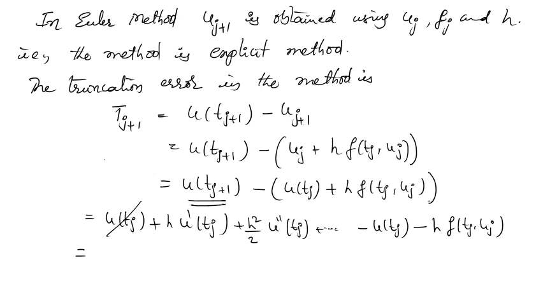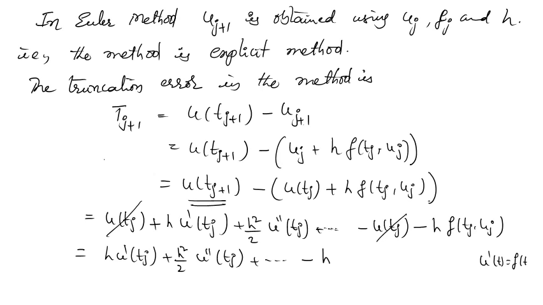So these two terms get cancelled. Next, h into u dash tj plus h square by factorial 2 into u double dash tj, and so on, minus h into f of tj, uj. What is the differential equation? u dash of t equals f of t, u. So f of tj, uj is nothing but u dash of tj.